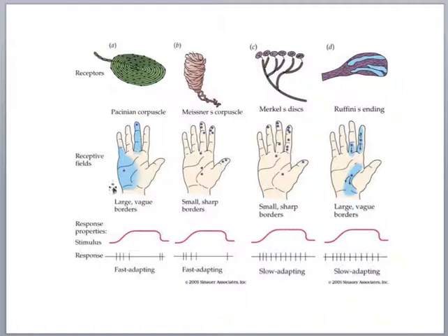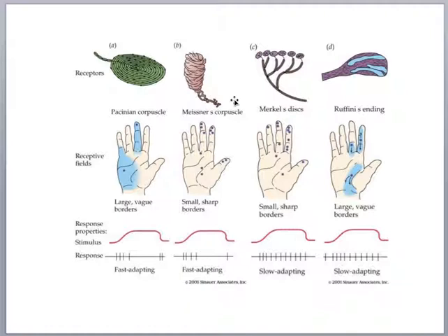It's very vague in terms of its borders. It is a fast-adapting mechanoreceptor as compared to Meissner, which has a very small, sharp border, so you're able to identify that stimulation a lot easier as compared to Pacinian.